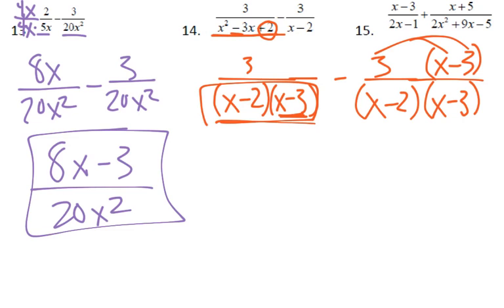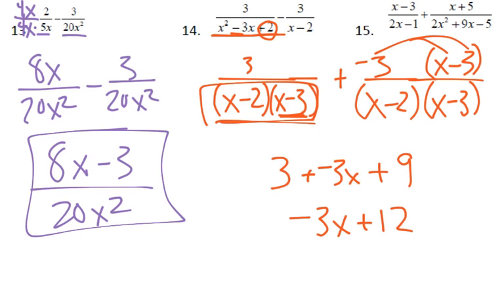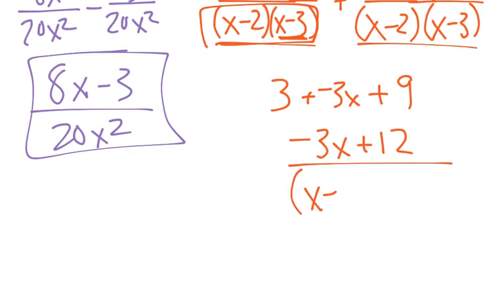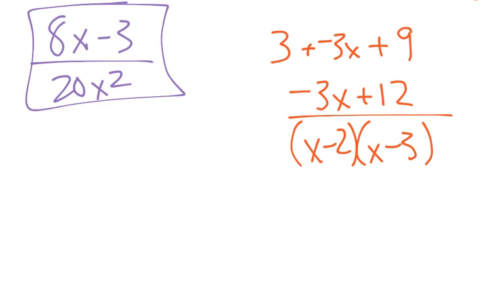I have to multiply that through. Think of that as a negative 3. So I get 3 plus negative 3x plus 9. So negative 3x plus 12 over our common denominator, x minus 2 times x minus 3, which I could pull out a negative 3 on the top, and I'd end up with x minus 4, but that doesn't really help me.